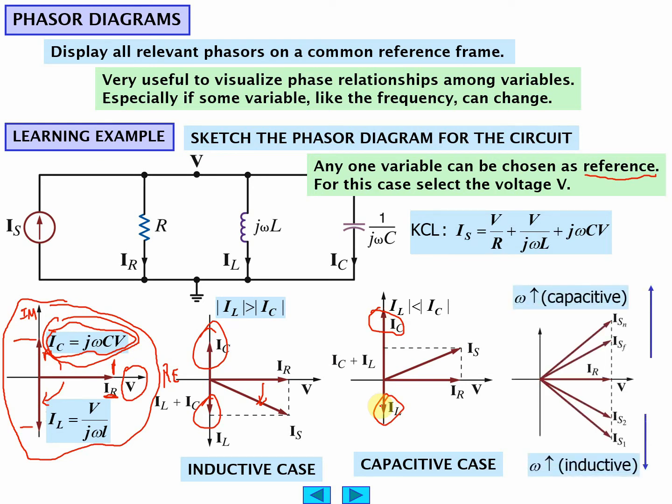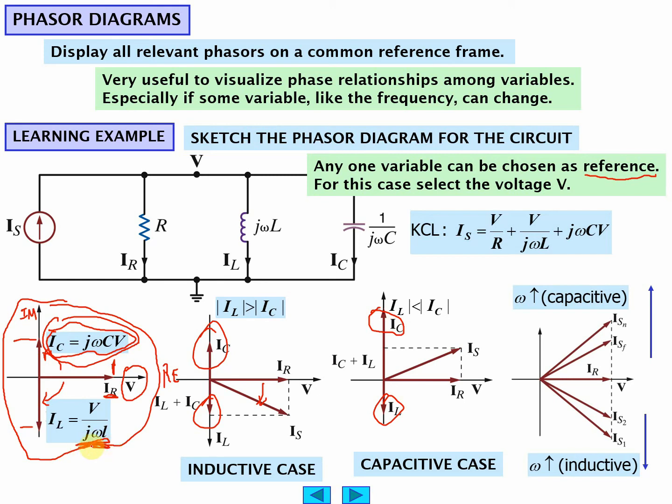And as frequency changes, at high frequencies, the admittance is small. Other way around.